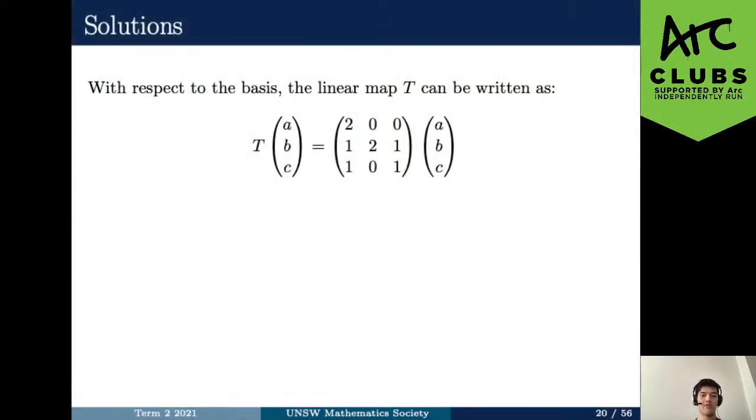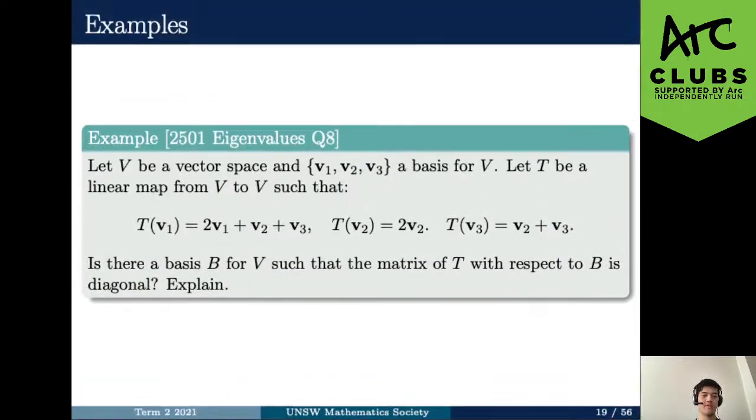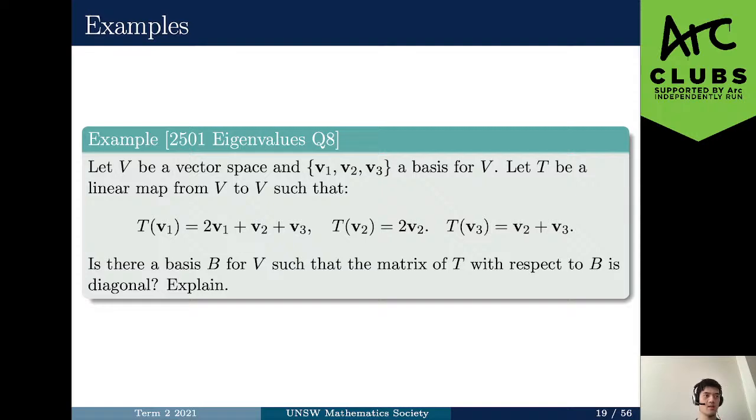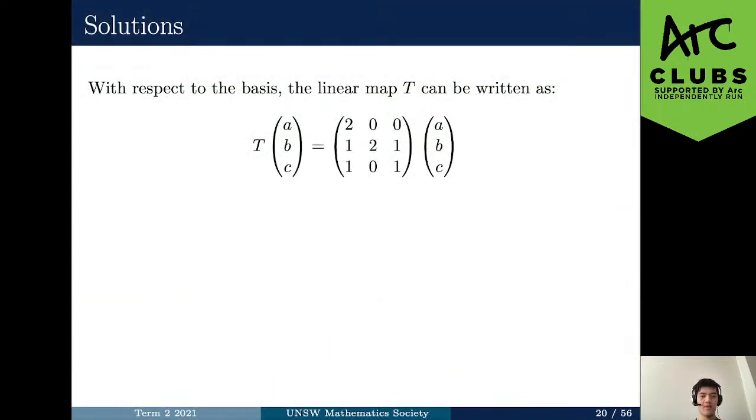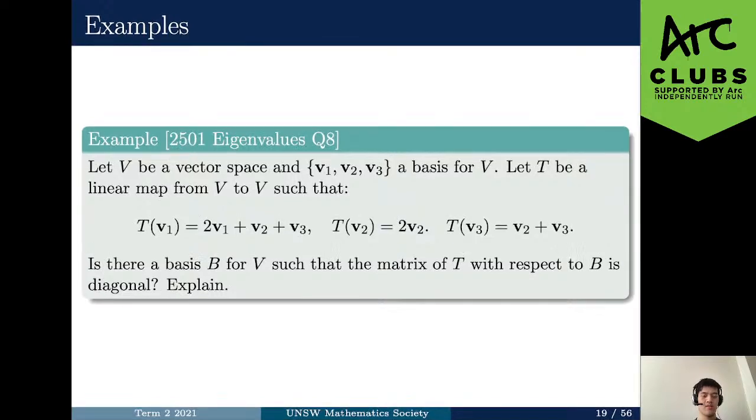First I would write the linear map with respect to this basis with v1, v2, and v3. Where did I get this matrix from? This is saying t of 1, 0, 0.